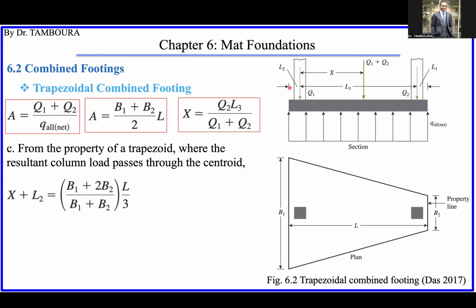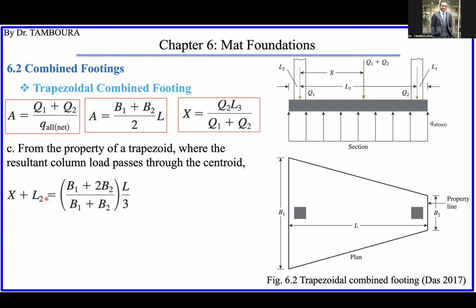It means you can easily know the value of L2 because, of course, you know the dimension of the column, and from this column to this limit, which should be the property line, it's easy for you to get L2, okay?